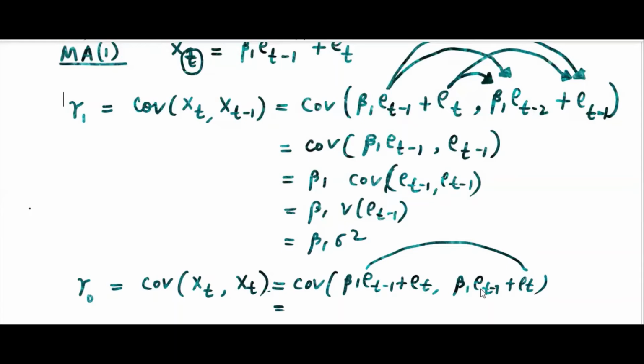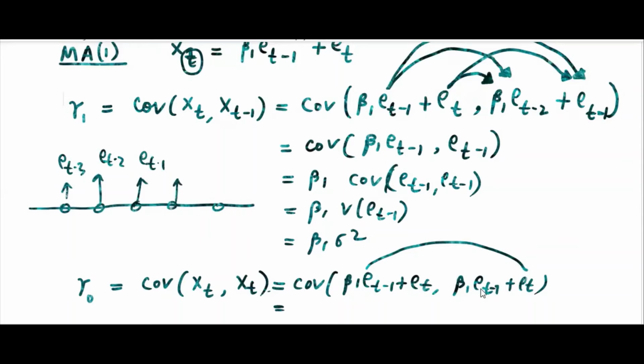Uncorrelated means what? If by chance you have any doubt, remember, these are the errors. Suppose et minus 3, et minus 2, et minus 1, et, that way.